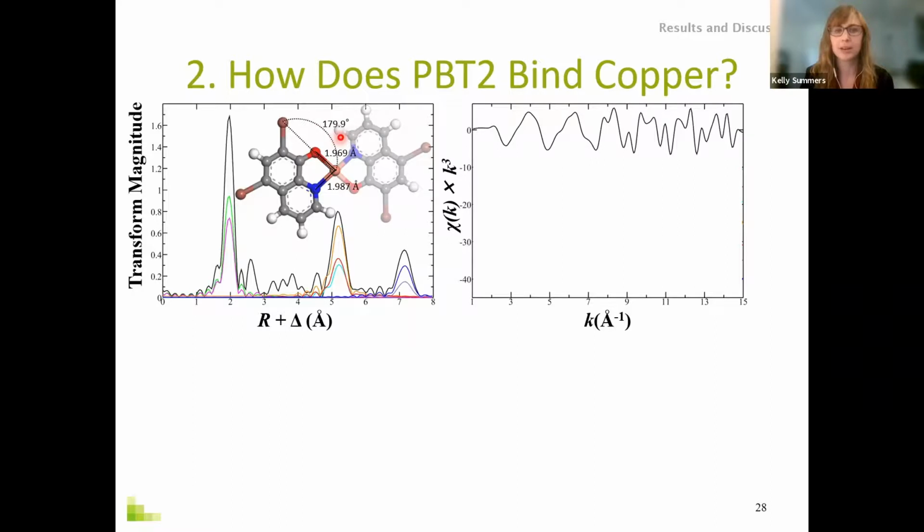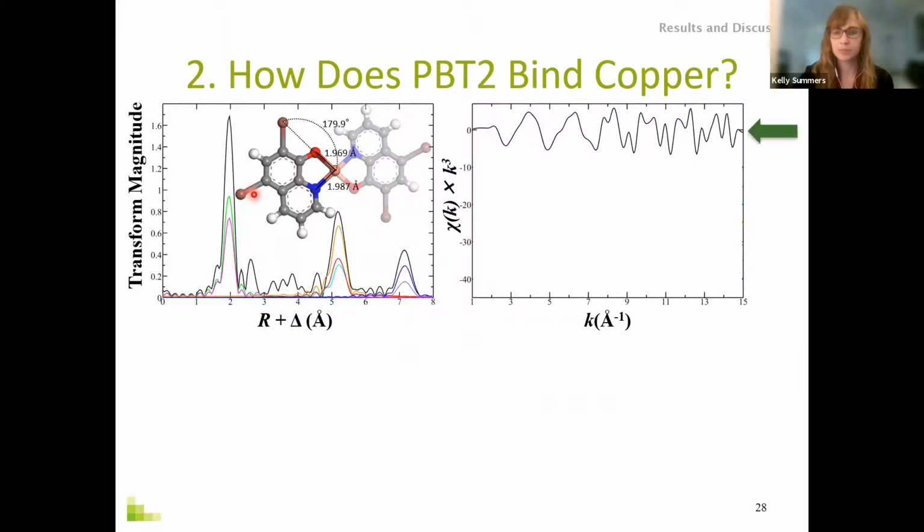This is actually calculated to be about 179.9 degrees, which means that we get really great multiple scattering through this angle. In this case, the oxygen and the nitrogen distances are so similar we can't distinguish them by EXAFS, so they appear as this first peak. And then this is the iodine here, and this peak corresponds to this one.